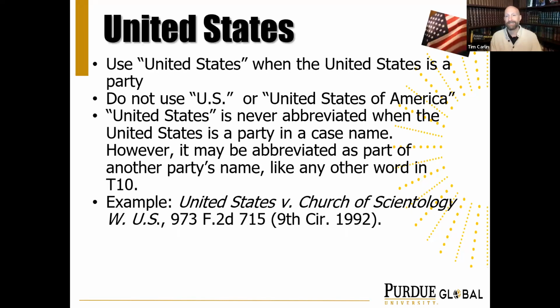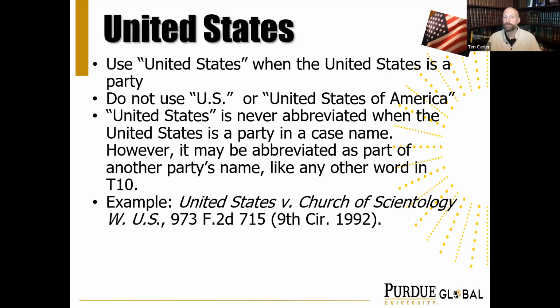Okay. All right, so we talked about v. Let's talk about US. You only want to use the entire name, United States, not United States of America, if the United States government is a party to the action. Do not use U.S. Don't use United States of America. Never abbreviate United States whenever it's part of a party to the claim. You can see here, United States v.